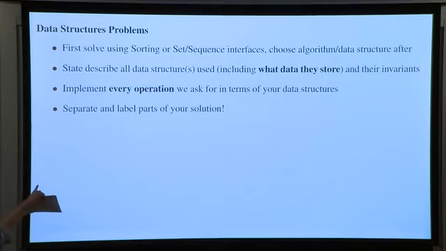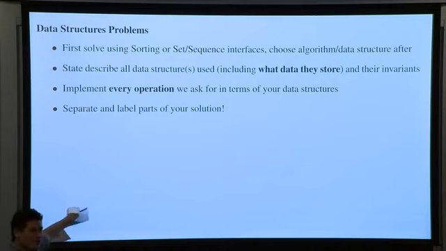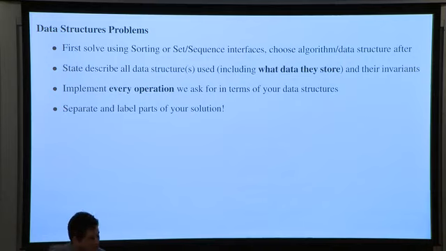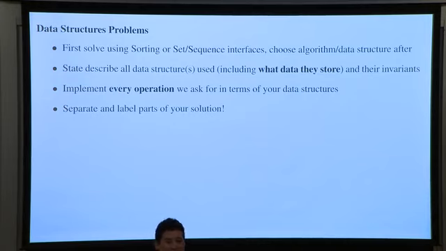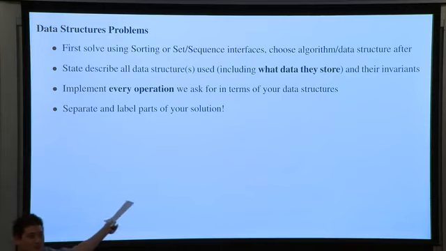And then implement every operation. You have no idea how many solutions we read on the quizzes, where we give you 3 operations to implement, and you don't even mention one. And it's usually the easiest one. It's like insert it into your data structure. It's like, come on, just say that, right? We can't give you points unless you mention that operation. Does that make sense? And then it's going to help us happy graders give you more points.